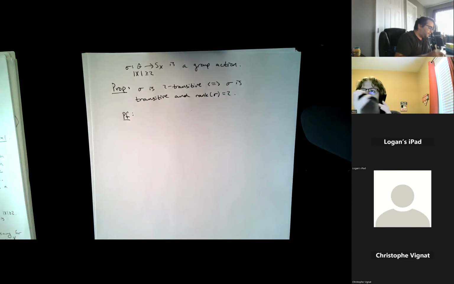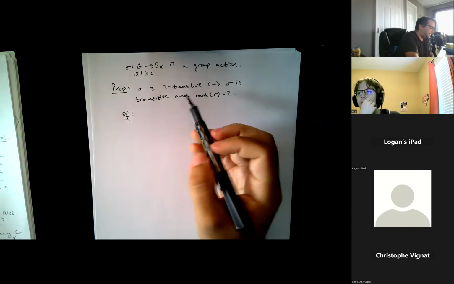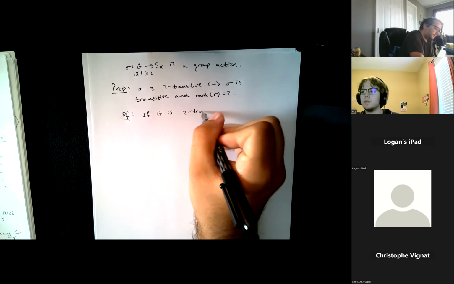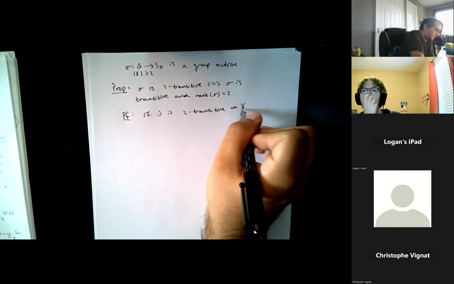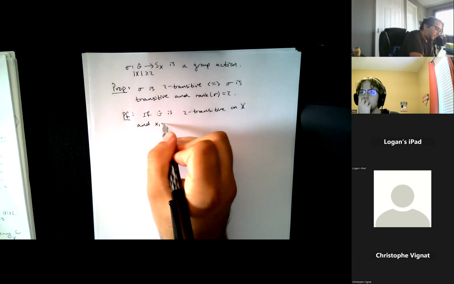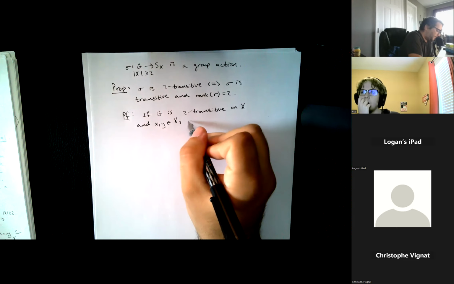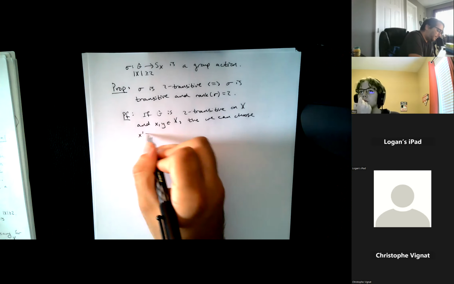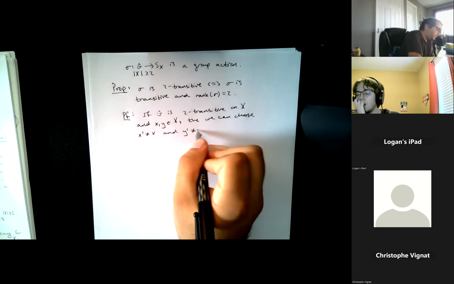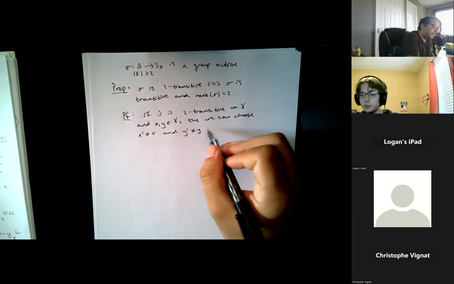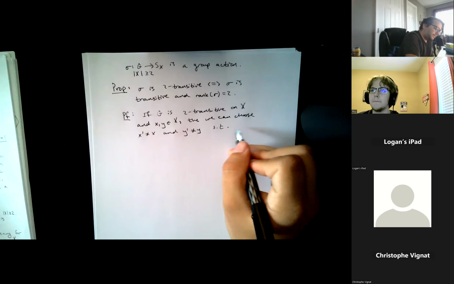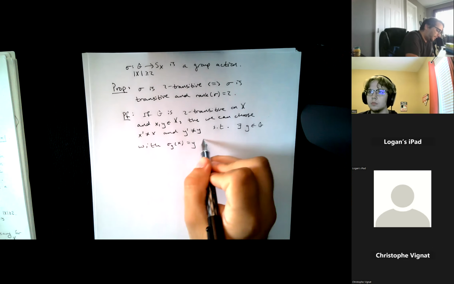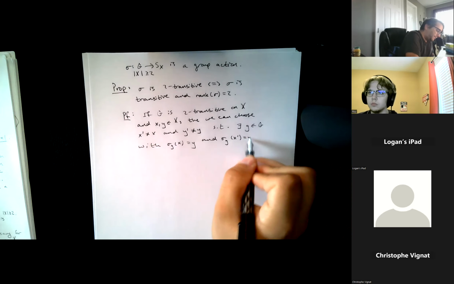So first, we can observe that transitivity is necessary for 2 transitivity, because if G is 2 transitive on X and x, y are in X, then we can choose an x prime not equal to x and a y prime not equal to y, such that by 2 transitivity there exists a g in G with sigma g of x equal to y and sigma g of x prime equal to y prime.